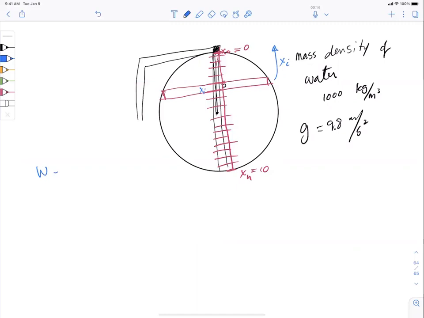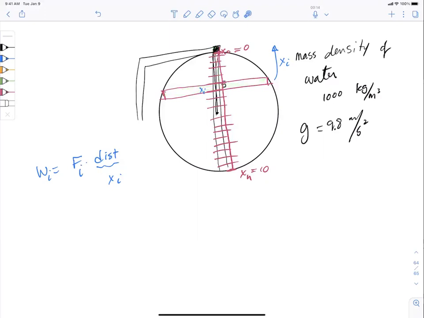So work is force times distance, displacement. Our displacement is xi. So if I want to calculate wi, the ith work for the ith layer of water to be removed, wi is Fi, the force required for that layer to be removed, times the distance that layer is going to move, which is going to be from here to the pump, whatever that distance is. So far, it's okay.